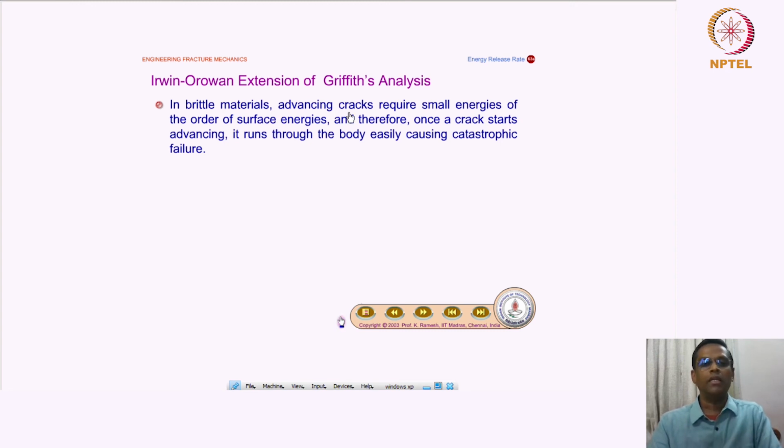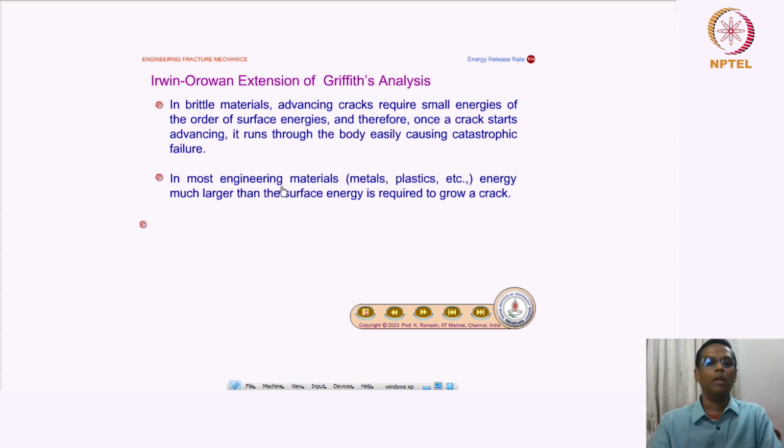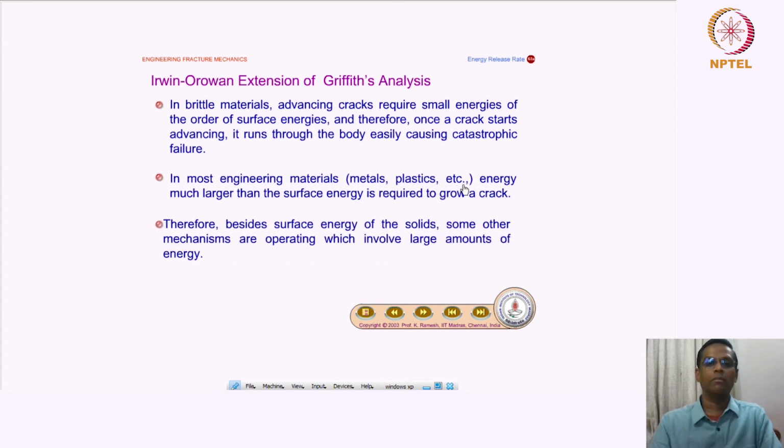In brittle materials, advancing cracks require small energies of the order of surface energy, and therefore once a crack starts advancing, it runs through the body easily, causing catastrophic failure. In most engineering materials, metals and plastics, etc., energy much larger than the surface energy is required to grow a crack.